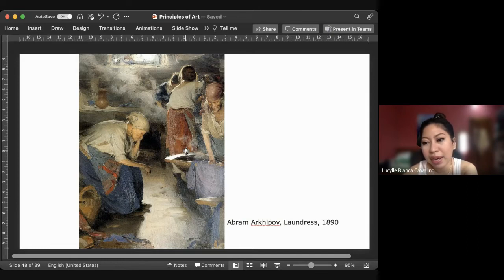So the transparency, the blurred lines, and the color can affect how the illustration, the picture, or the visual art or visual composition could look.